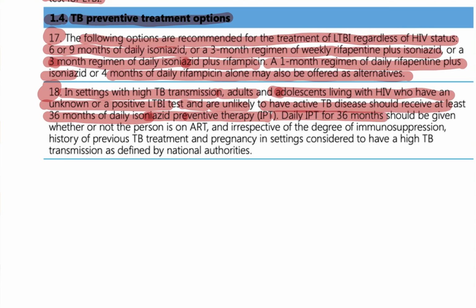Daily IPT for 36 months should be given whether or not the person is on ART and irrespective of the degree of immunosuppression, history of previous TB treatment, and pregnancy in the settings considered to have high TB transmission as defined by national authorities.